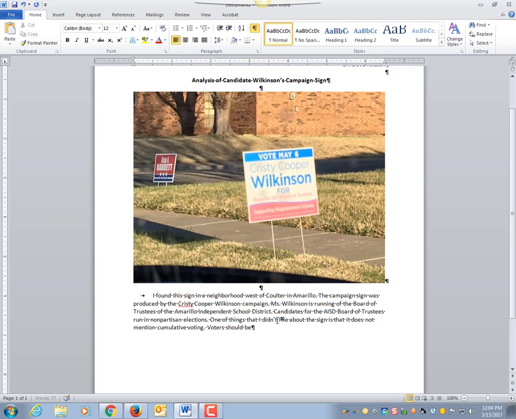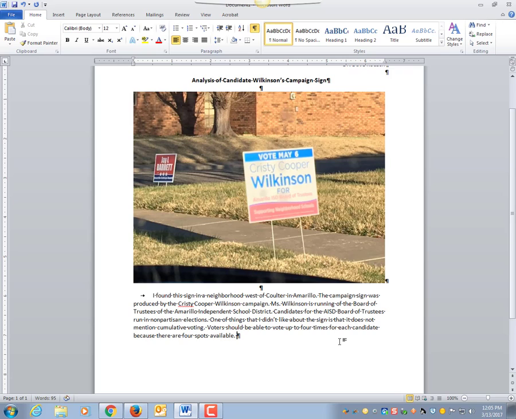Voters should be able to vote. That's a good question. The voter should be able to vote 4 times, or be able to vote up to 4 times for each candidate, because there are 4 spots available.